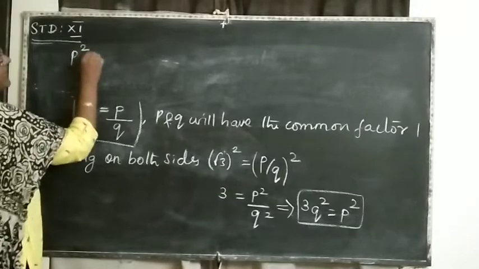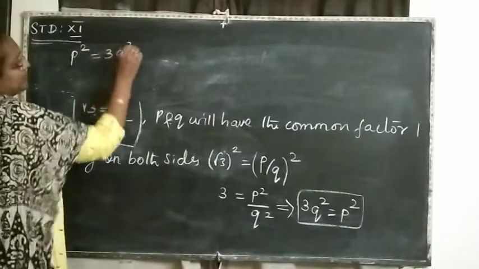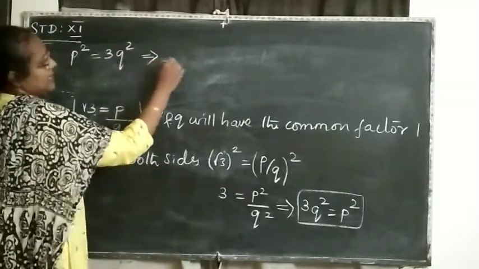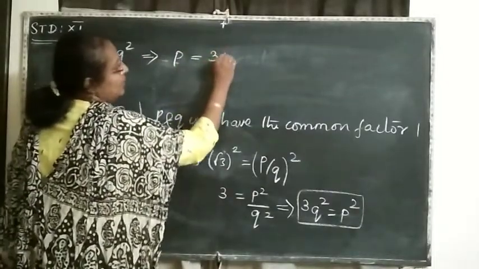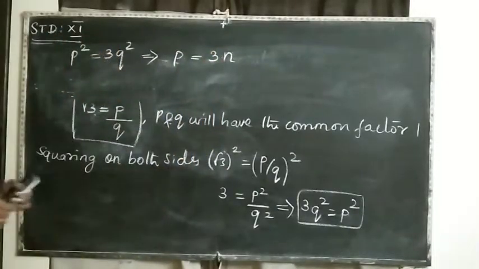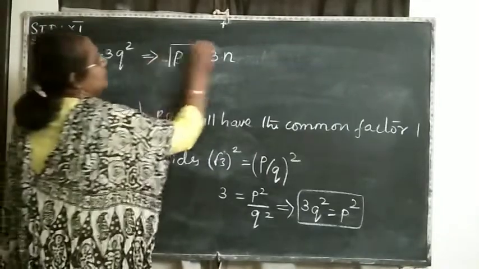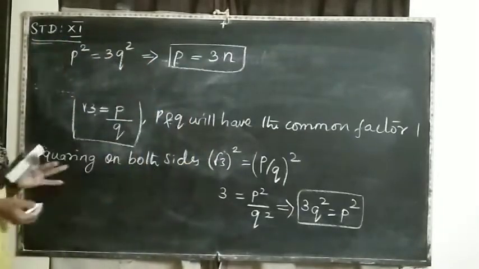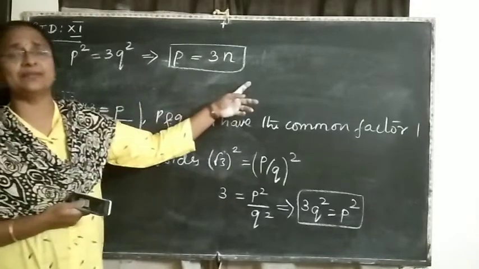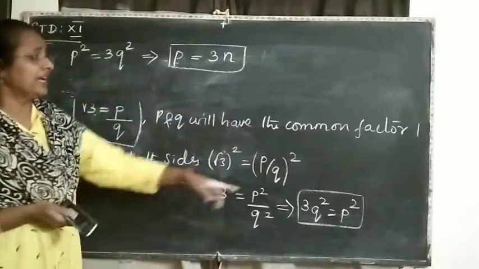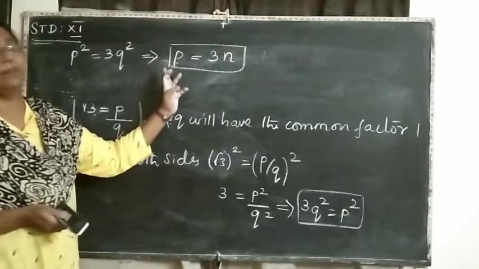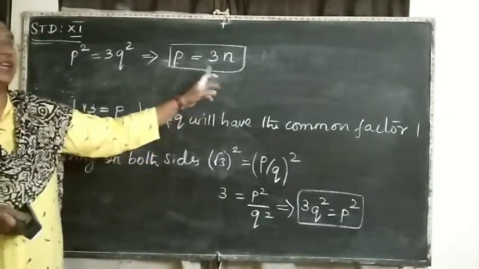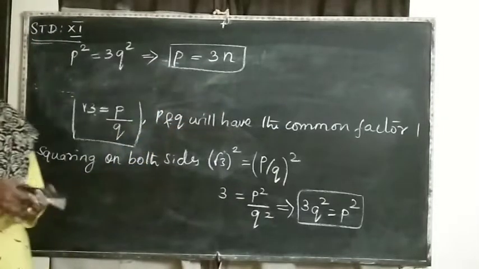So now we are going to assume that p is a multiple of 3. So from p squared equal to 3q squared, this implies p will be equal to some 3 times n. What is the reason p is equal to 3 times n? As I told you, if p squared is a multiple of 3, then p will be a multiple of 3. This is also our assumption.